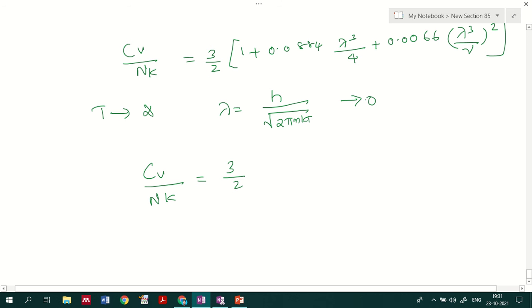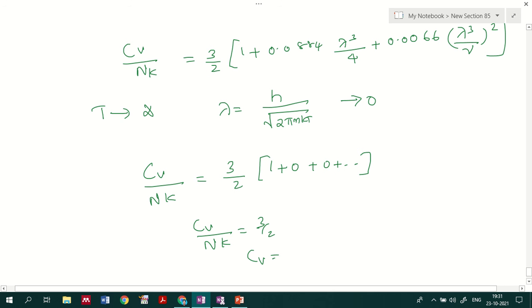Since lambda tends to 0, this term will vanish and this term also vanishes. So the remaining will be 3 by 2, 1 plus 0 etc. Wherever the lambda term is coming at high temperature, lambda is approximately equal to 0. So what remains is Cv by Nk equal to 3 by 2.